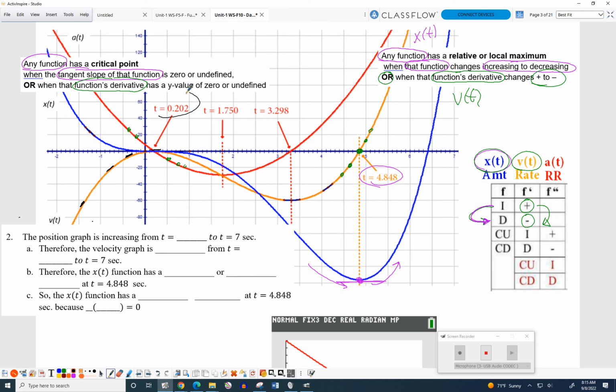Vote. Here's the definition. So when that thing curves over, which of these has a critical point at that spot? And 2 points for everyone for voting. We're kind of all over the map.